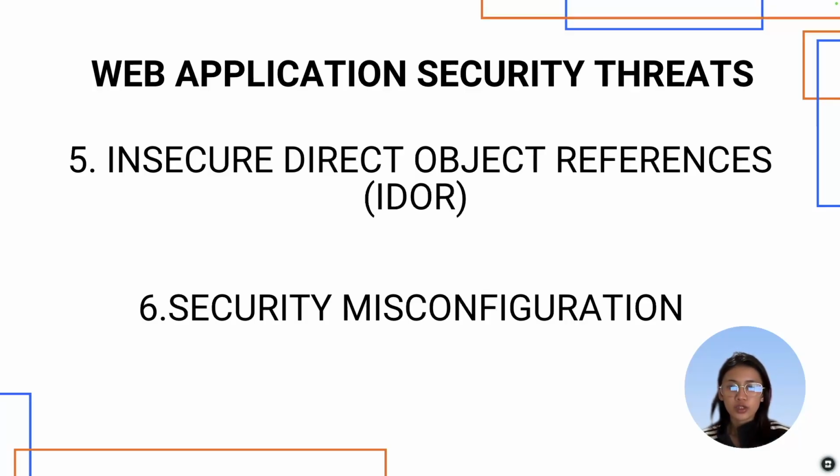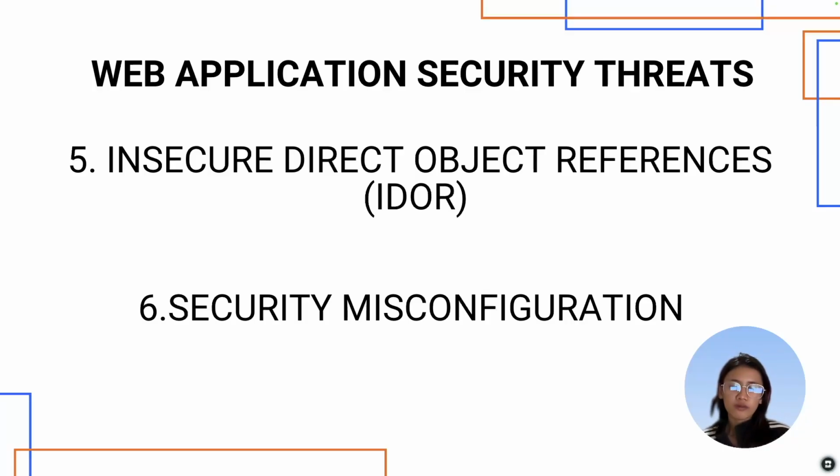So you manually change the end of the URL to another student ID number. If you do that, and the system shows your classmates' grades instead of giving an access denied error, then the application has an IDOR vulnerability, because it didn't check if the requester owns that specific ID.